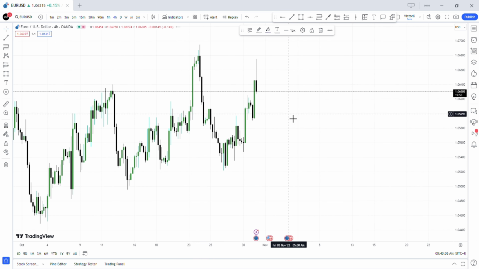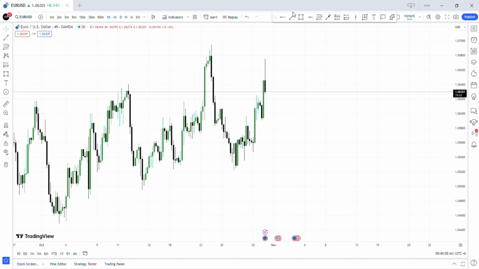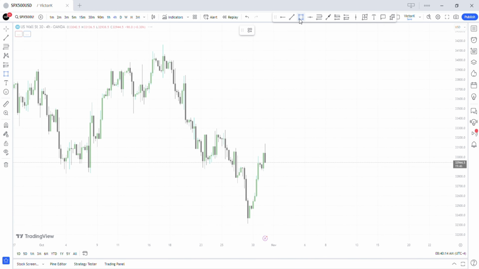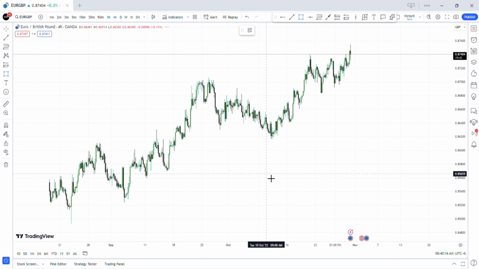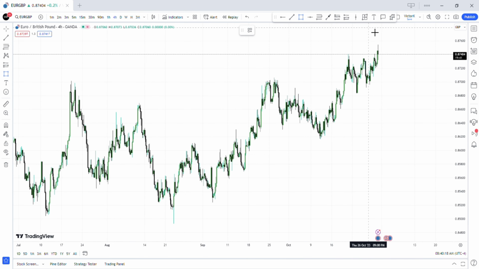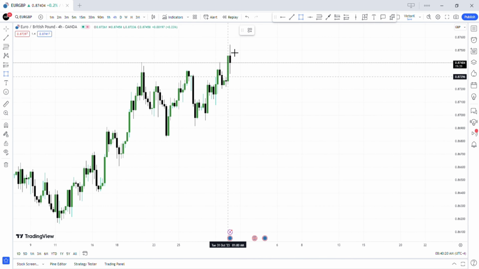We go to EURUSD. You can see that EURUSD is a little bit strong. If you look at the EURGBP chart, EURUSD is stronger than GBPUSD because EURGBP is trending higher. This shows that the Euro is stronger than the pound right now.